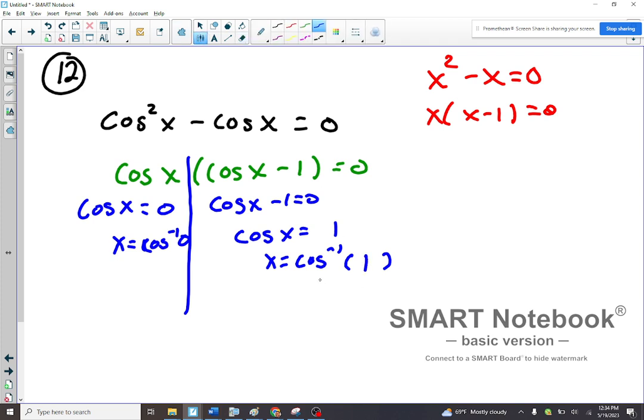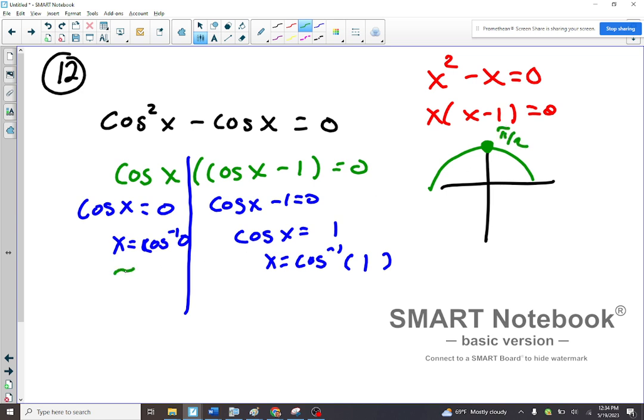With that in mind, we're going to find what 0 is, and we're going to find what 1 is. Cosine 0 would be where your x value is 0. So where is that on the unit circle? It would be at the origin technically, but remember this domain. So it's where x is 0, at 90 degrees or pi over 2.